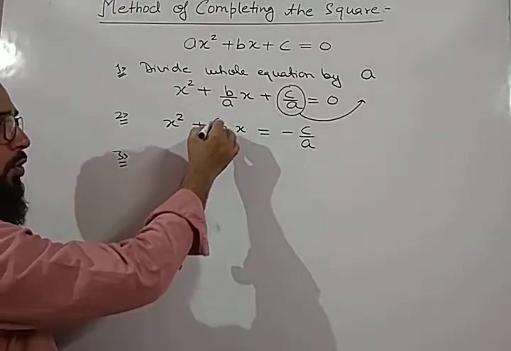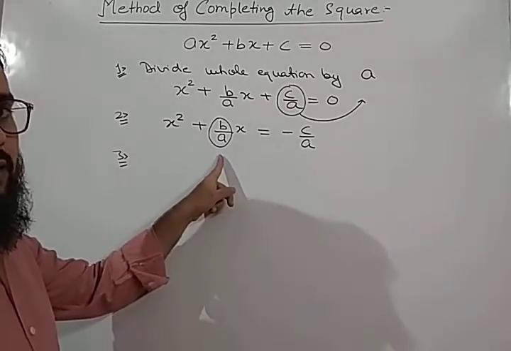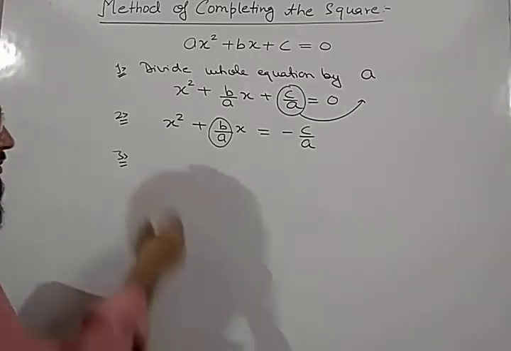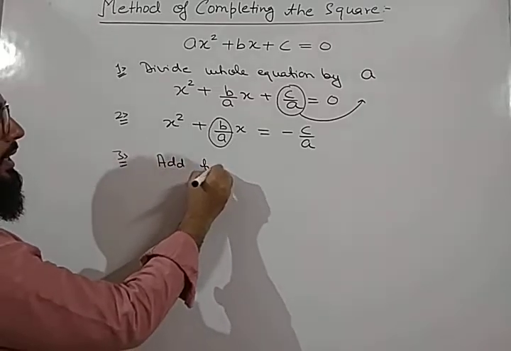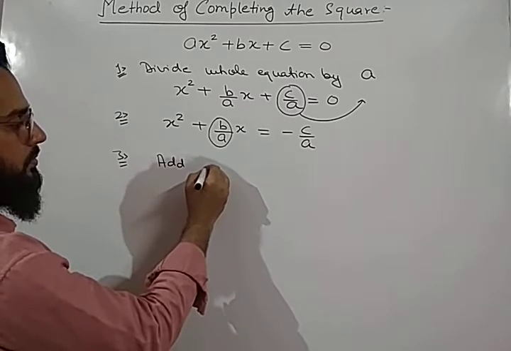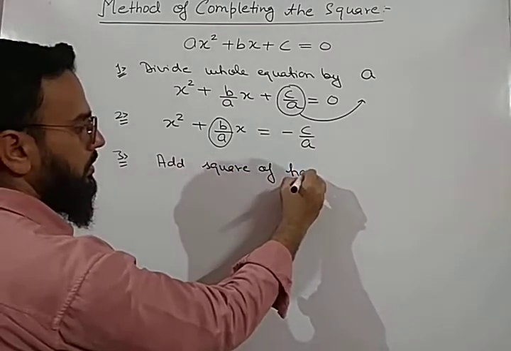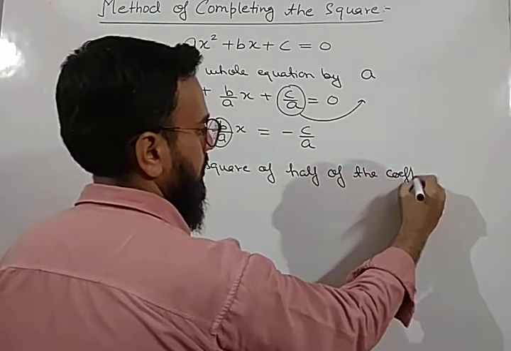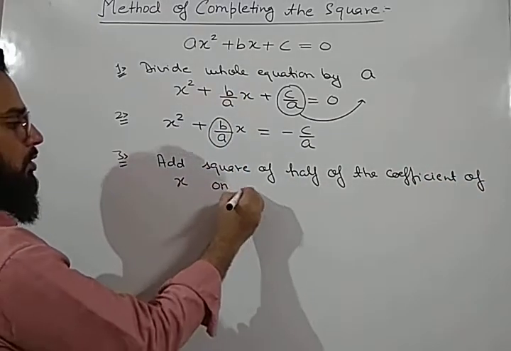whatever is given as the coefficient of x, take half of this coefficient and square it. That means we have to add the square of half of the coefficient of x on both sides.